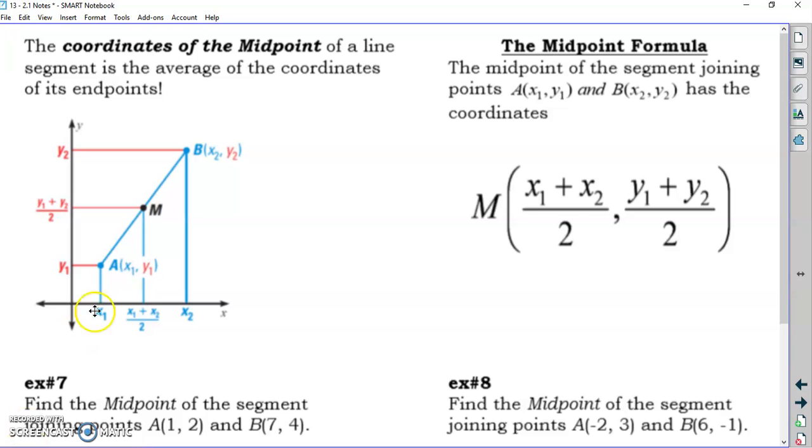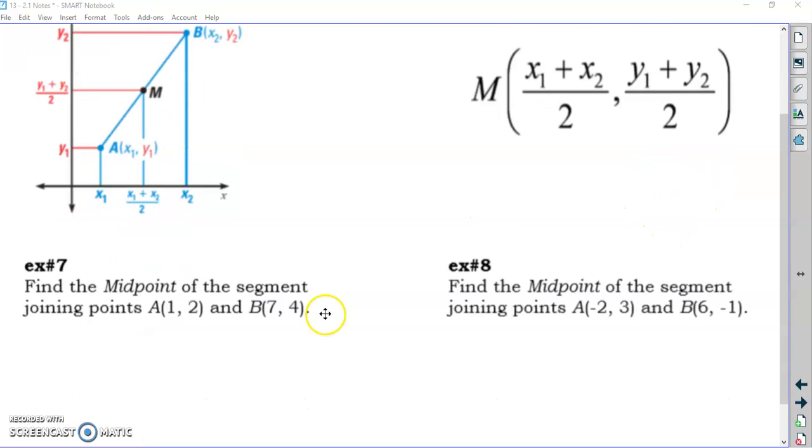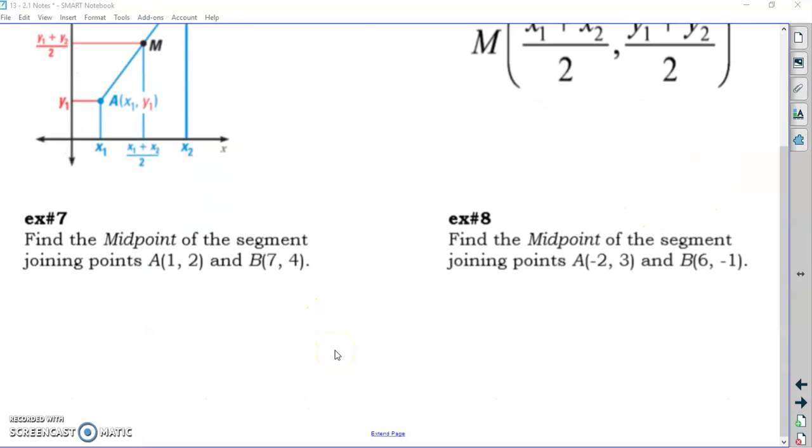So we're going to add the x values together, x1 and x2, and divide by 2, and that will give me the x coordinate of the midpoint. And then we're going to add the y values together, y1 and y2, and divide by 2, and that will give me the y value of the midpoint. So again, we're going to add the x values together, divide by 2, add the y values together, divide by 2. So let's do that for this example.